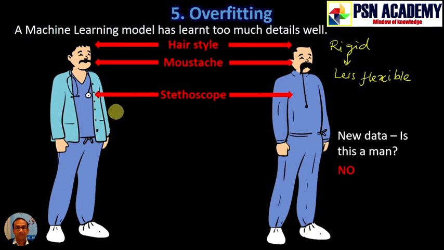So this is not a man. This is something else. So your model has become too rigid and less flexible, that if you want to get a result as a man from your model, you have to provide a very near figure like this. A variation in the figure will make the model say that this is not a man. Clear?